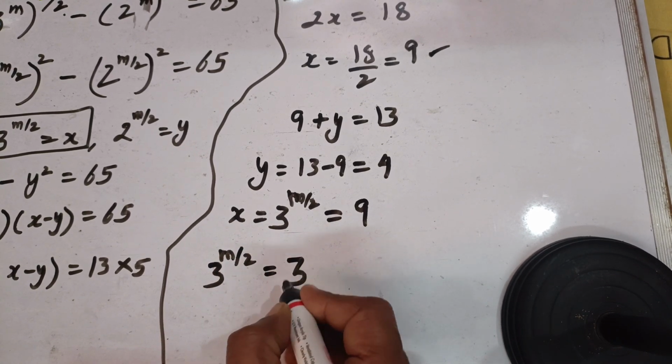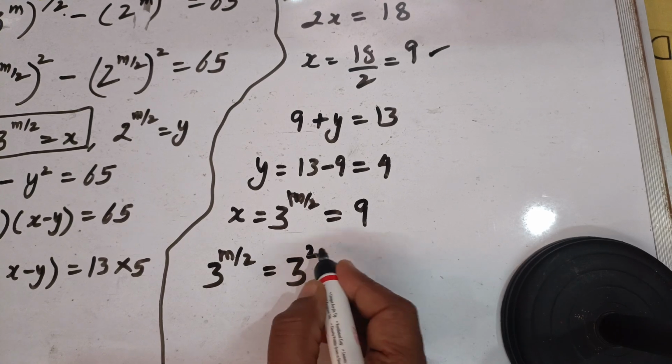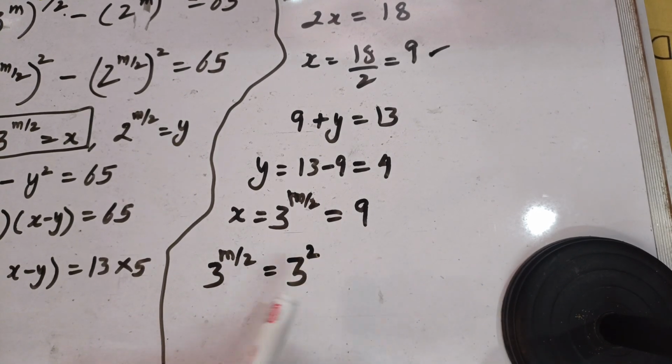Now 9 can be written as 3 raised to the power 2. In this equation the base is the same, so we can equate the powers.